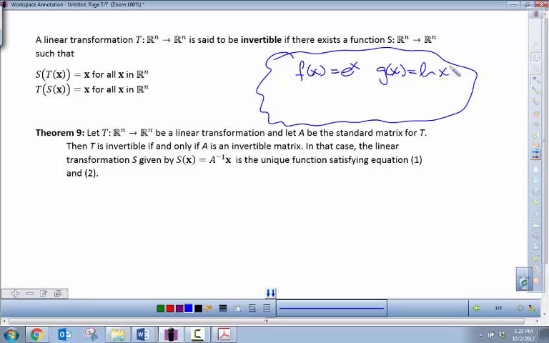Just as an example, if we do the composition of these two things, f of g of x, what's that? That's e to the g of x, so ln x goes inside. This is equal to x. And that also is equal to g of f of x, which is the ln of e to the x, and that's also equal to x. So this is essentially saying the same thing.